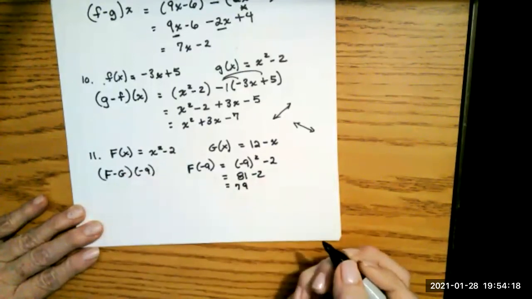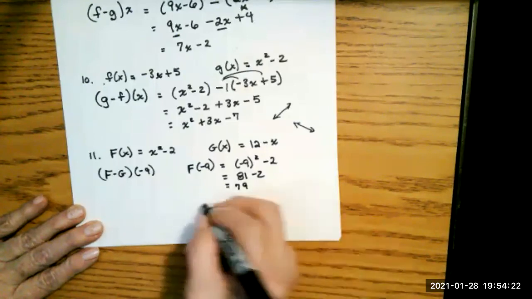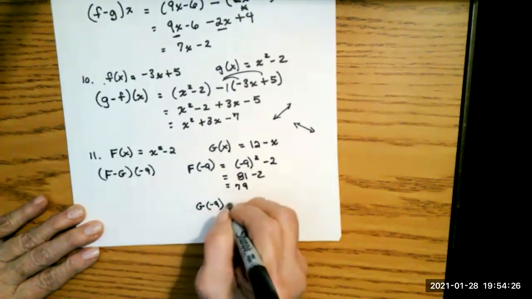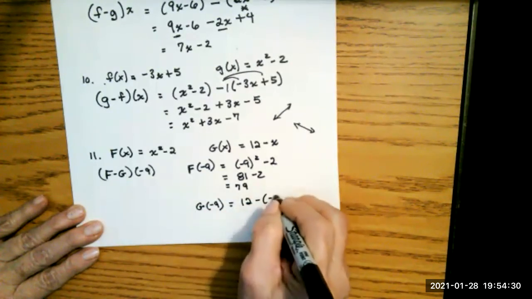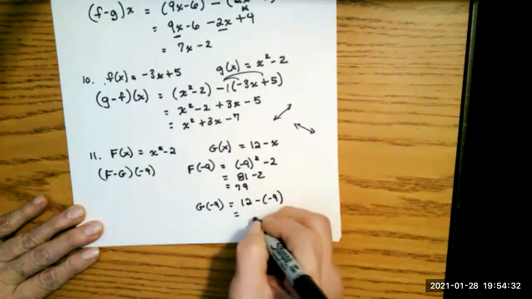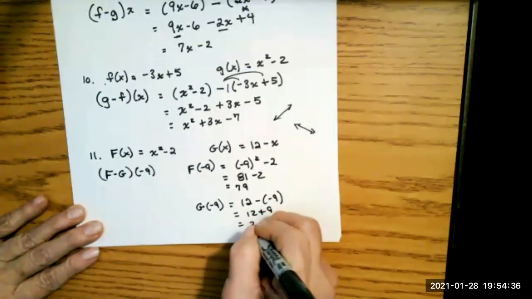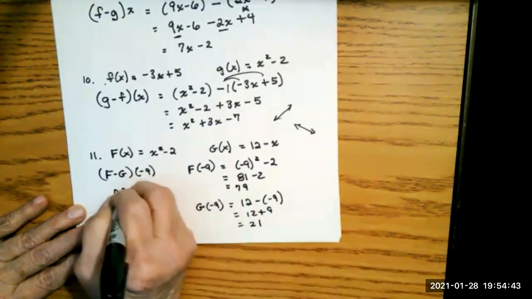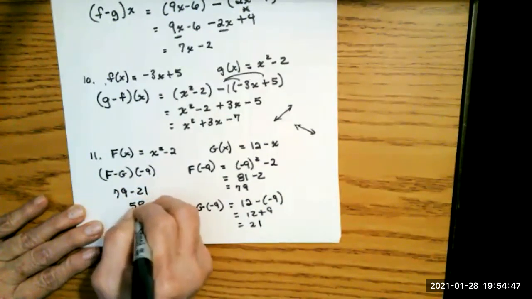So this is 79, and g of negative 9 is 12 minus a negative 9, which is 12 plus 9, which is 21. So 79 minus 21 is 58.